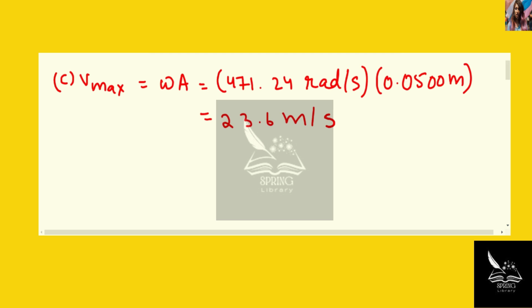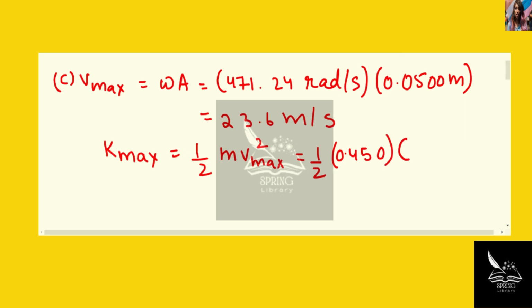In all the cases, we have got V max also. Because of this V max, we can find out the maximum kinetic energy, that is K max. What's the formula for that? Half into m into V max square. So we are just putting the values: half into 0.450 into 23.6, which we have already found out.